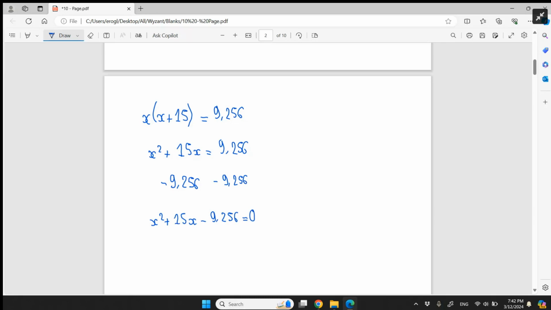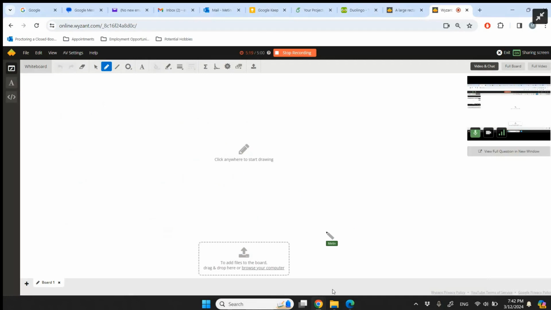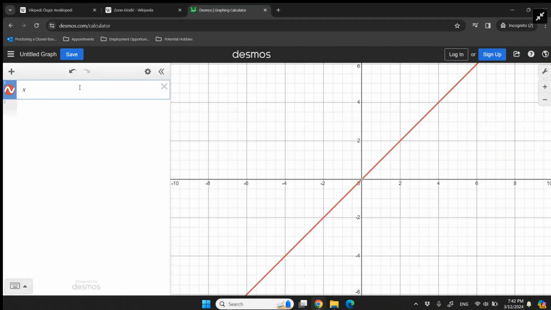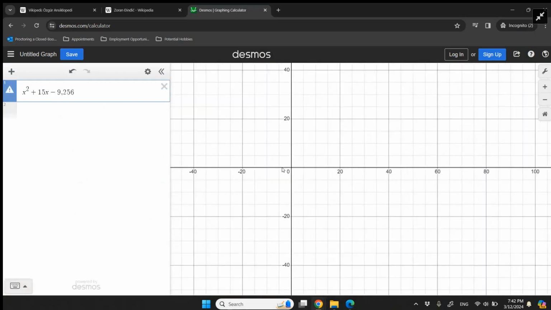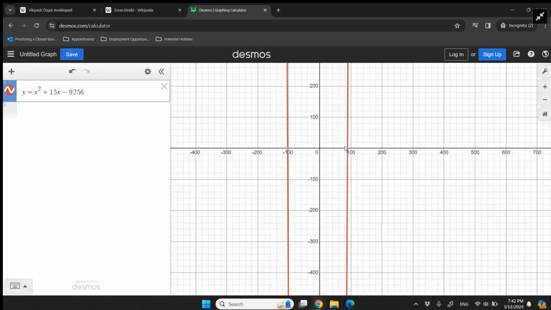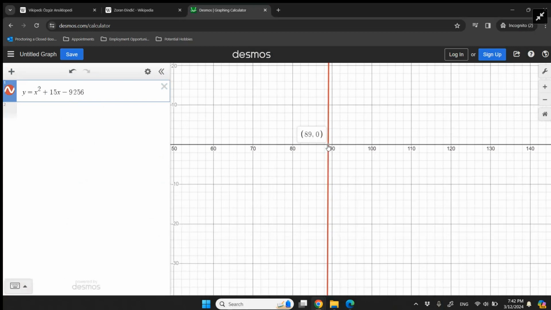And at this point, you can use the quadratic equation to find the positive solution of this problem. I'm going to cheat a little bit and use a graph on Desmos. It would seem that this right here is the positive solution.